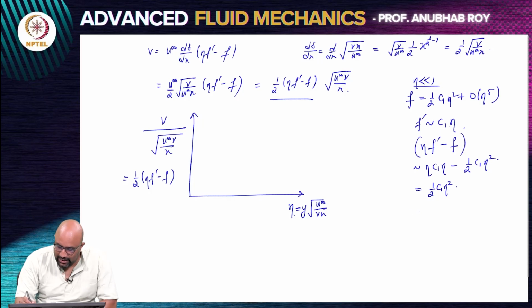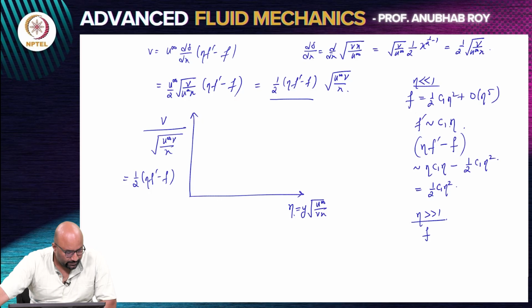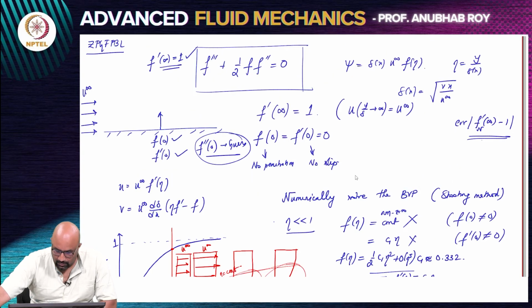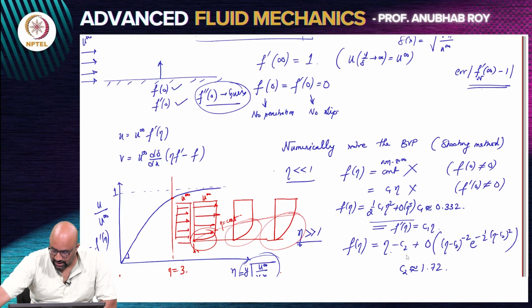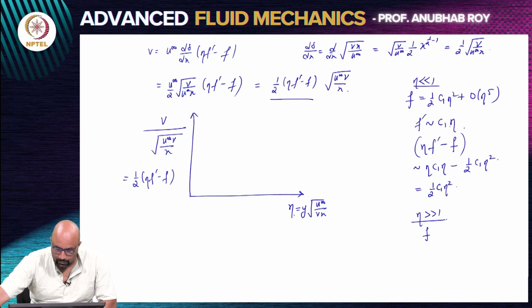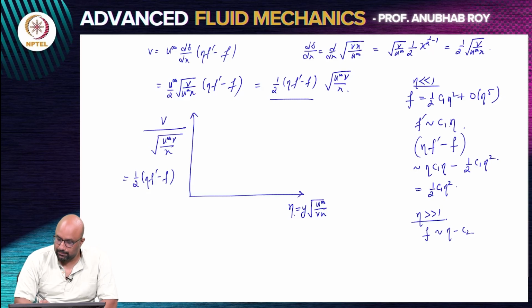What happens when eta is large? When eta is large, f goes as eta minus some constant c2. So if I again substitute in eta f dash minus f, eta f dash is eta times 1, minus f, which is minus eta plus c2.